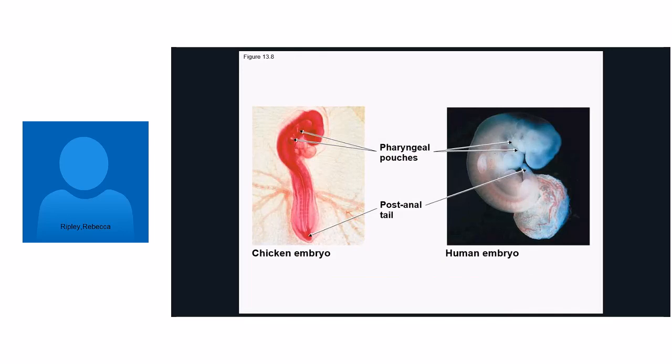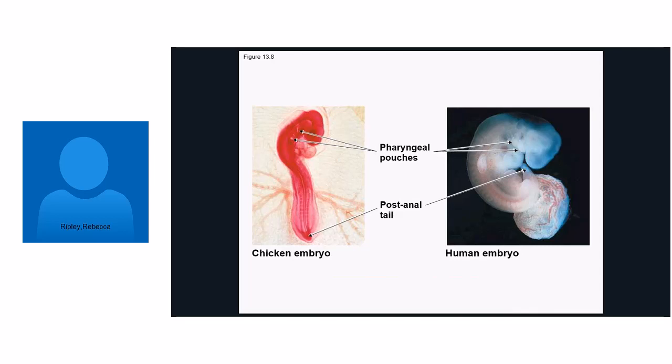And the other evidence for evolution actually goes back to our embryos. It's always interesting to me to see comparison pictures of embryos because it's shocking how much, for example, on this page, a chicken embryo looks so similar to a human embryo.